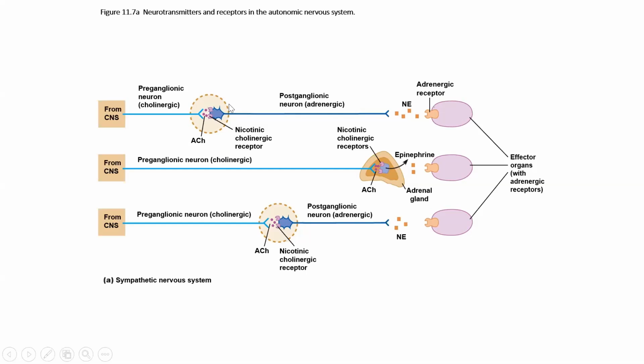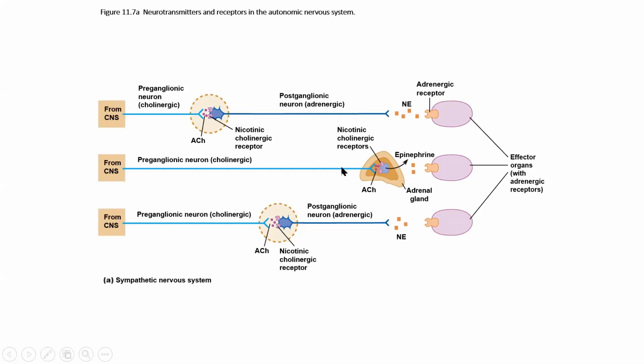So just make a note here that these are fast receptors, okay? Meaning that the receptor is the channel. I'll talk more about that coming up. And so the second neuron is releasing norepinephrine. Remember, this is the sympathetic system. So the postganglionic neuron is releasing norepinephrine, which will bind to an adrenergic receptor on the effector tissue.